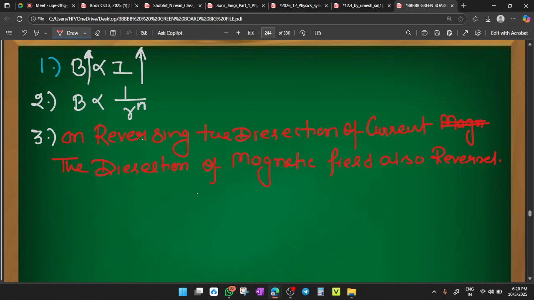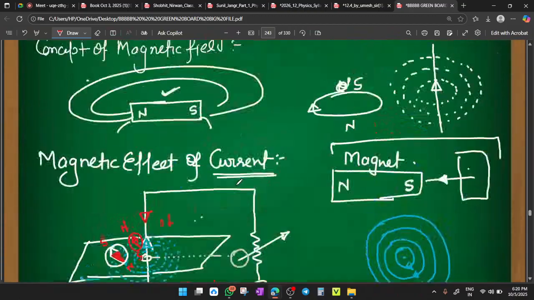So these are the three results obtained by Oersted's experiment.